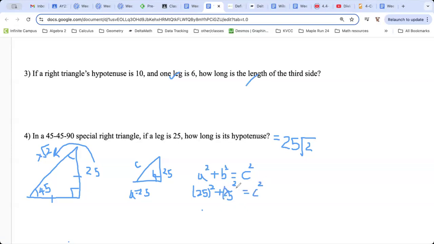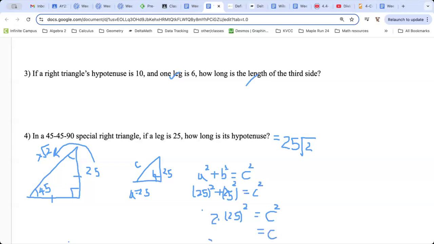So this is actually equal to what? You have 2 pieces of 25 squared. That's equal to C squared. So what is C equal to? You have to take a square root on both sides.